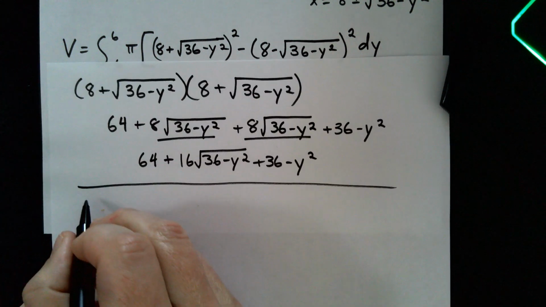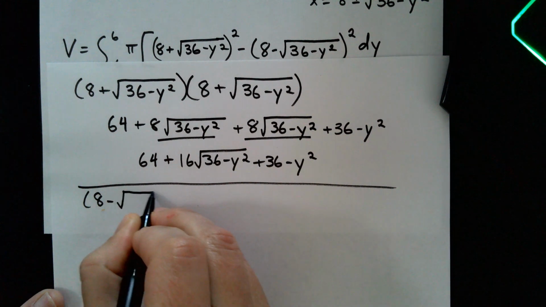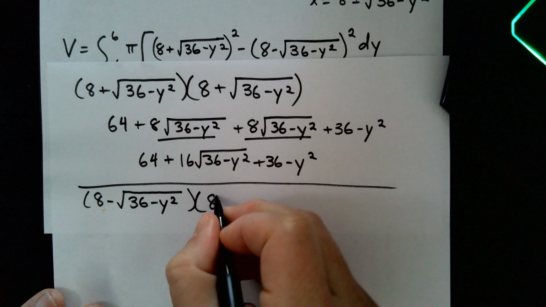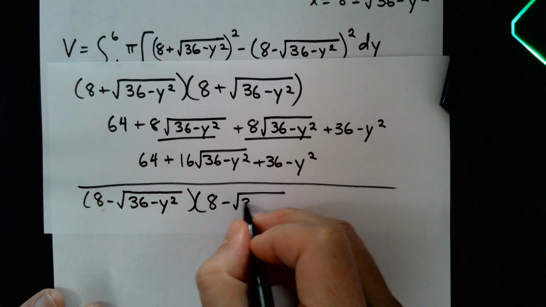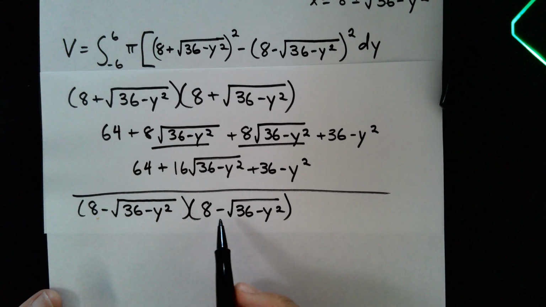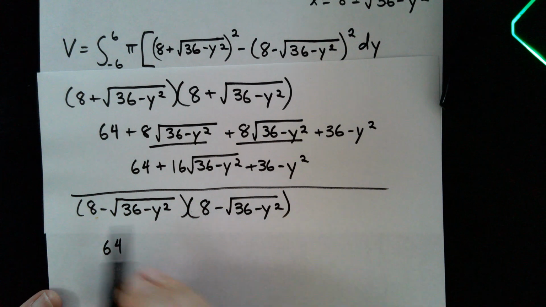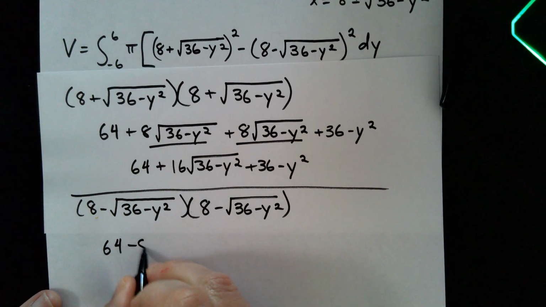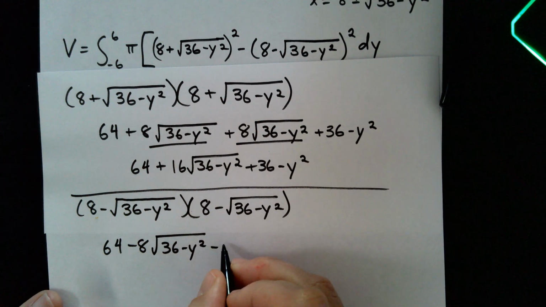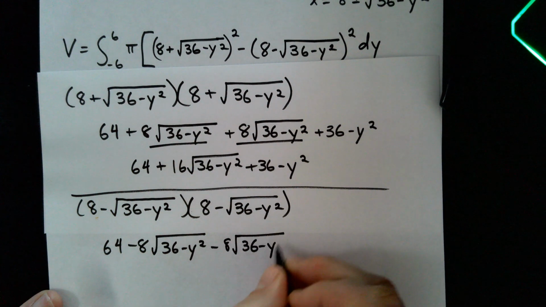The only difference is it'll be subtraction. So 8 minus the square root of 36 minus y squared times 8 minus the square root of 36 minus y squared. Everything's the same on the multiplications except we've got a minus sign here. So the first one's still 64. The second one would be negative 8 times the square root of 36 minus y squared, and another one of those, negative 8 square root of 36 minus y squared.